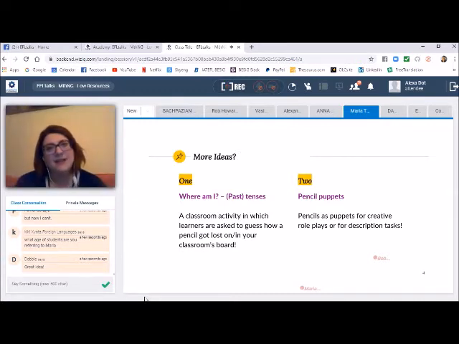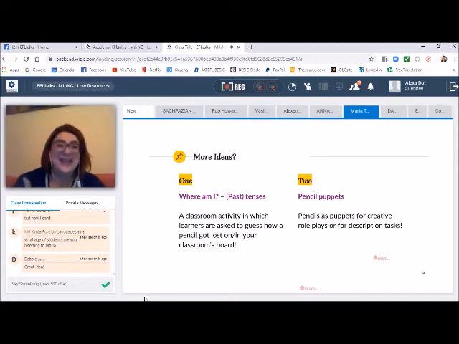This is a great task if you want to start your learners thinking more about past simple and past continuous, so you can get them to ask questions about where the pencil has been, what the pencil was doing when it got lost in the whiteboard, and of course you can use it for lots of other grammar activities, such as practicing present perfect, what are the pencil's experiences up to the time when it got lost in the whiteboard. But I specifically like using it for past simple versus past continuous.